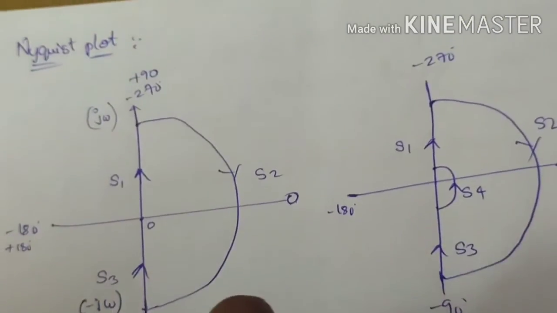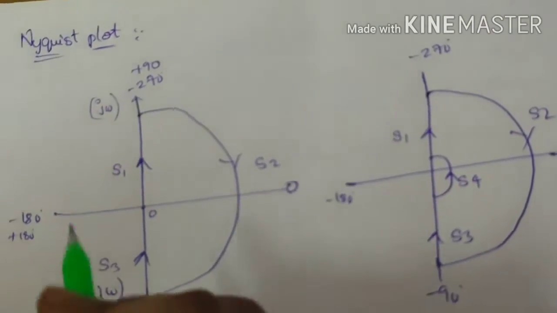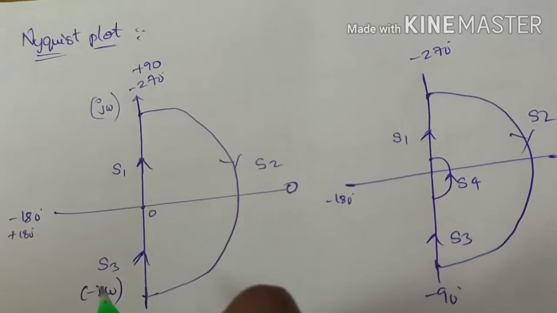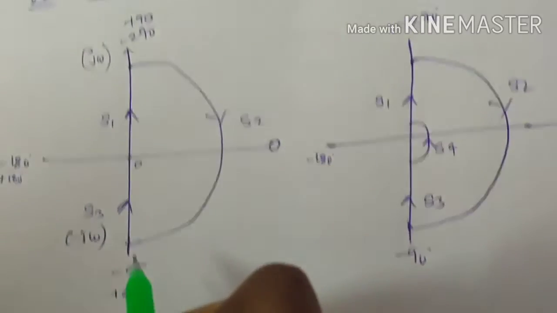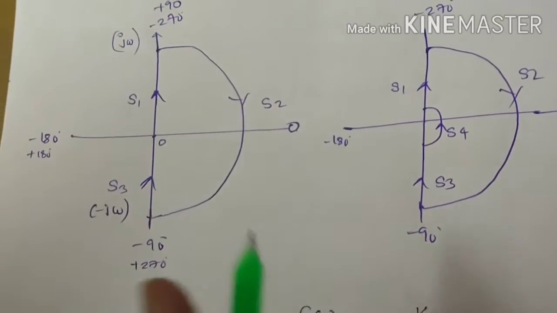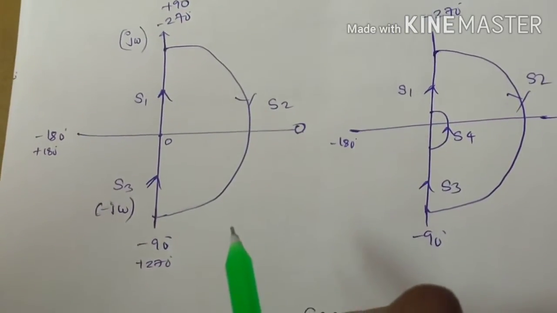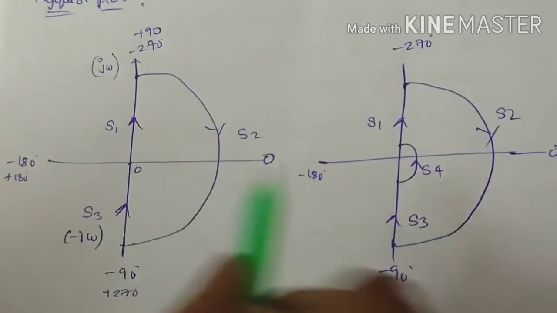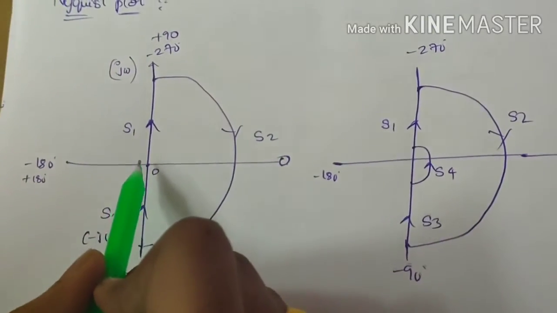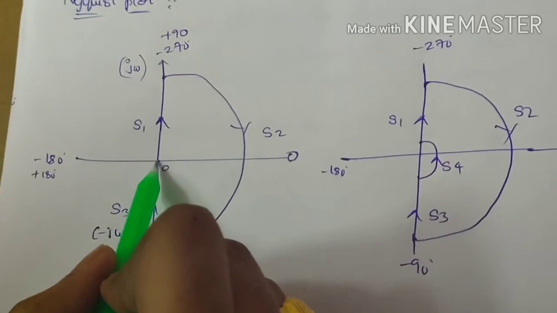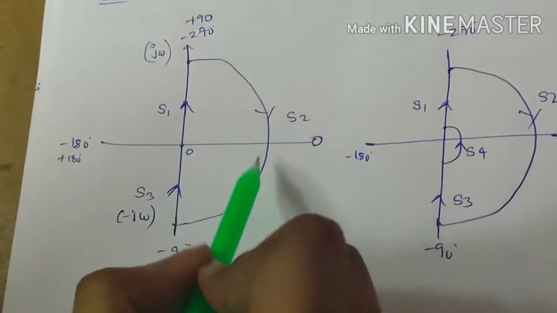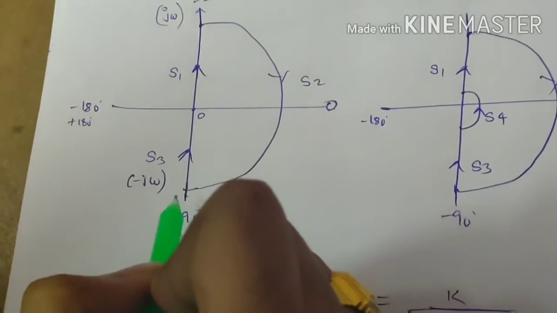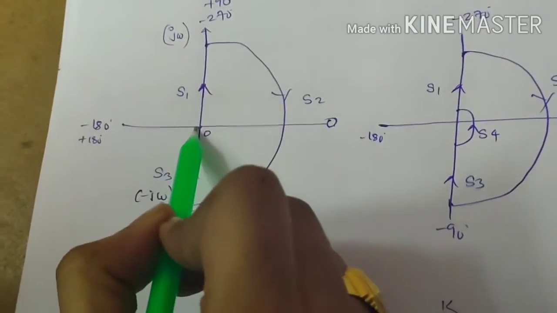Now, to draw the Nyquist plot, we want to know the Nyquist contour. The Nyquist contour represents 4 types of mappings. Depending upon our transfer function, we have to map these values. Now look here, there are 2 types of mappings. If you observe, S1 is traveling from 0 to plus 90, S2 is traveling from plus 90 to minus 90, and S3 is traveling from minus 90 to 0.